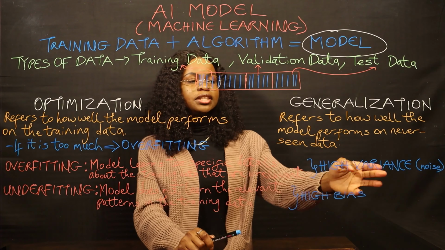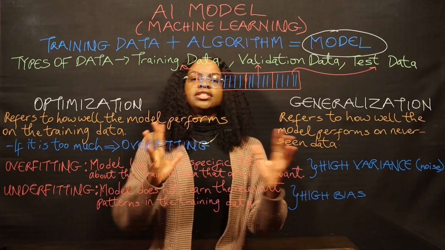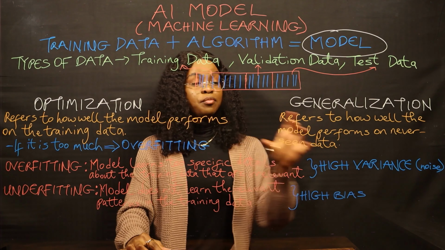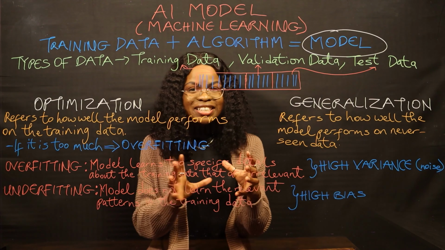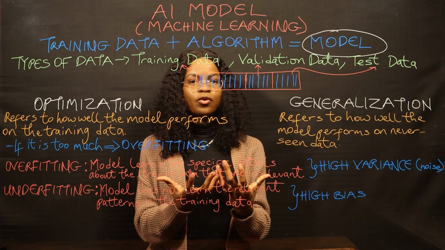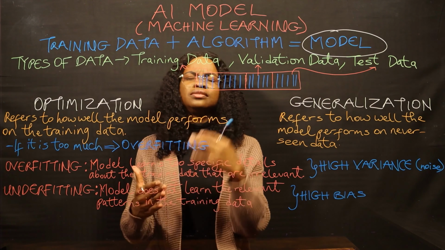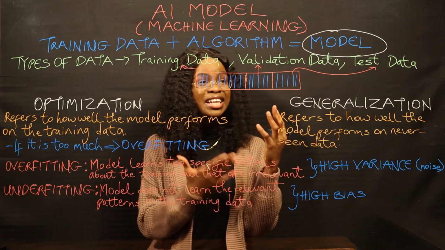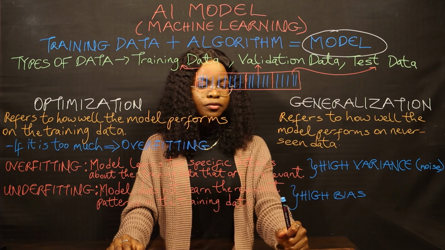So variance basically means it's a type of error that occurs when the model is too complex for the simplicity of the data. That is, it learns too specific detail. It has too much noise in it that it's not even able to generalize well.